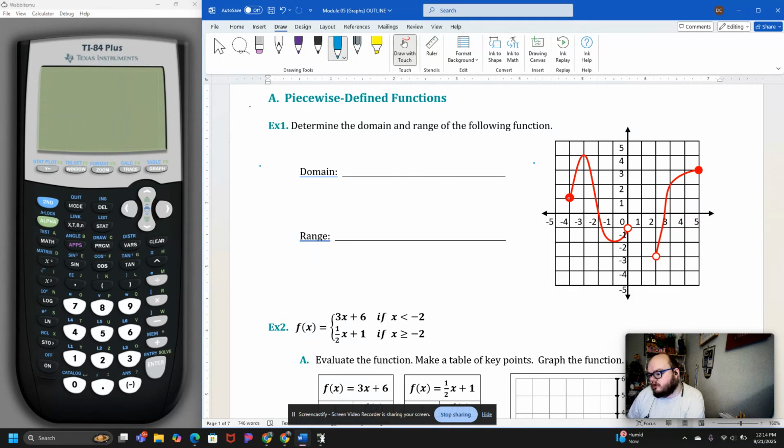I see that this function starts, so I'm going to start with my domain. Remember, my domain is from left to right, and range is from the bottom to the top.